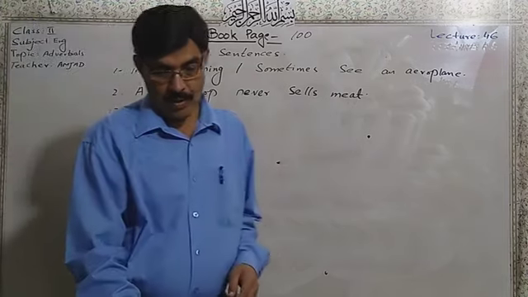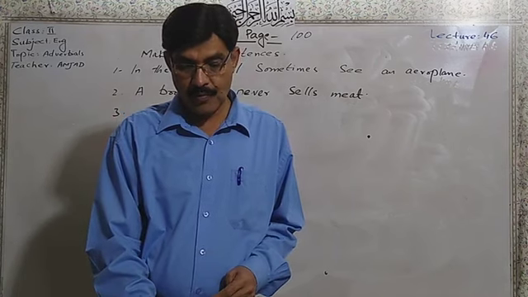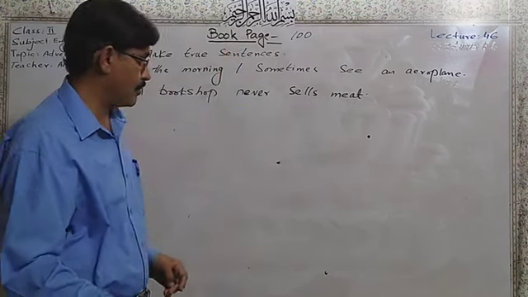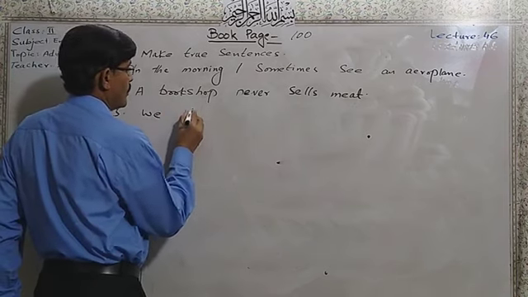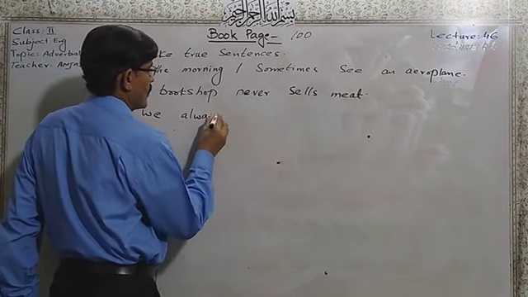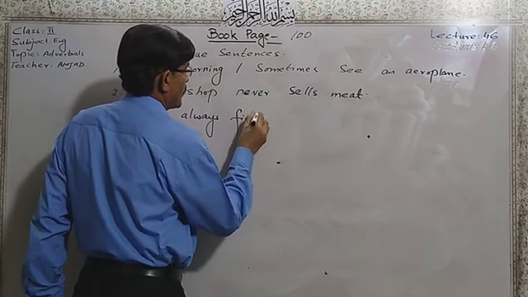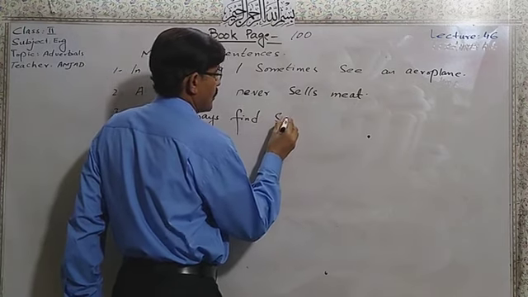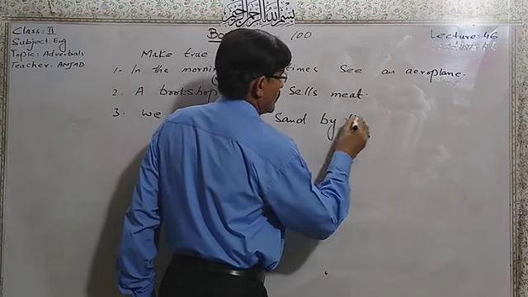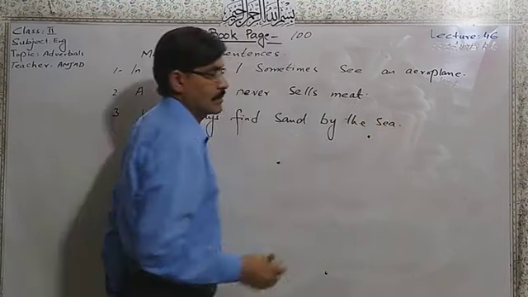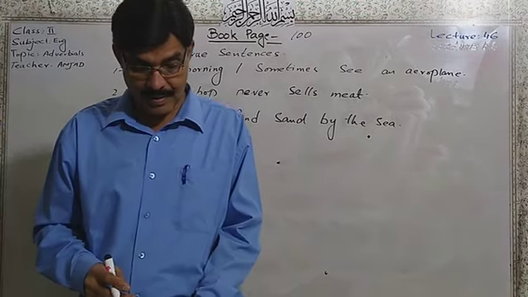Number 3. We always find sand by the sea. That's a true one. This is a true sentence.